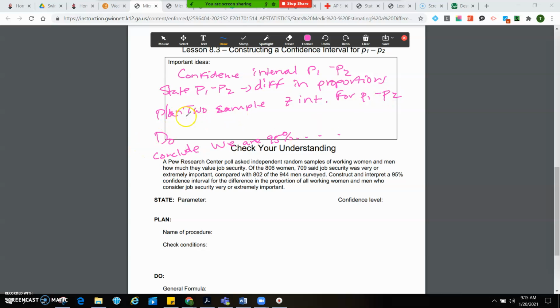Okay, you've got independent random samples. And you always have to say that they're random samples. Okay, and 10%. And then you want to also talk about large counts. Then for your do, you're going to do the point estimate plus or minus the MOE. You're going to plug in.